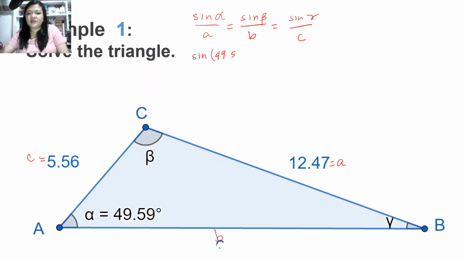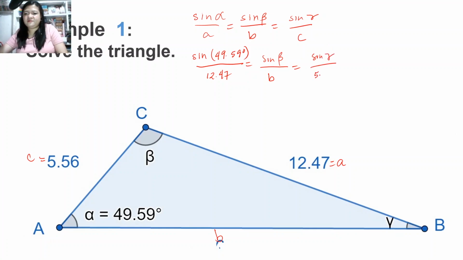So, sine 49.59 degrees over A, and A is 12.47. Okay, sine beta. Beta is unknown, so we will leave it as sine beta. And we do not know B yet. Okay, sine gamma. Gamma is unknown, so we will leave it as sine gamma. And C is equal to 5.56. Okay, now we have values here with gamma and C, so we will solve this first.